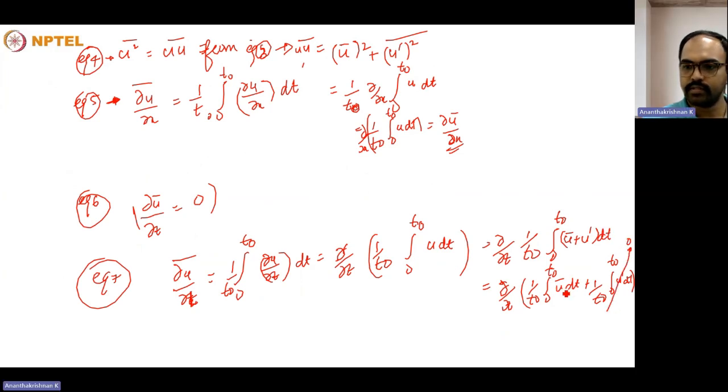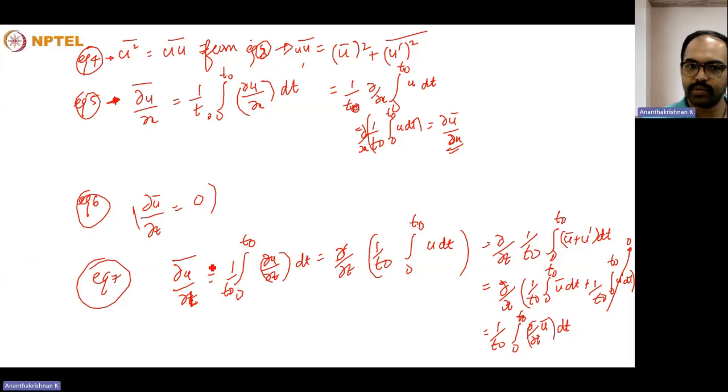And what remains is ∂/∂t of (1/t0) ∫ from 0 to t0 of ū dt. So just like the previous case, we will take the derivative inside the integral, just because the upper and the lower limits are constants, based on the Leibniz theorem. So it will be ∂ū/∂t dt.